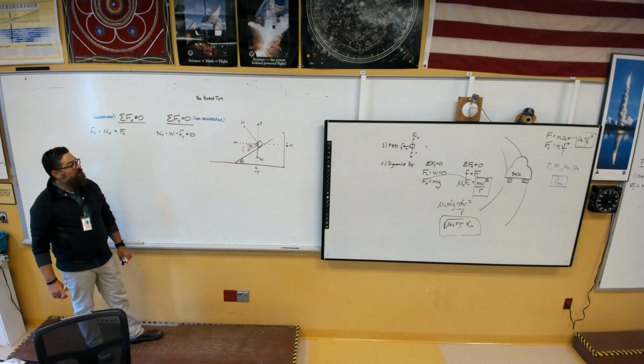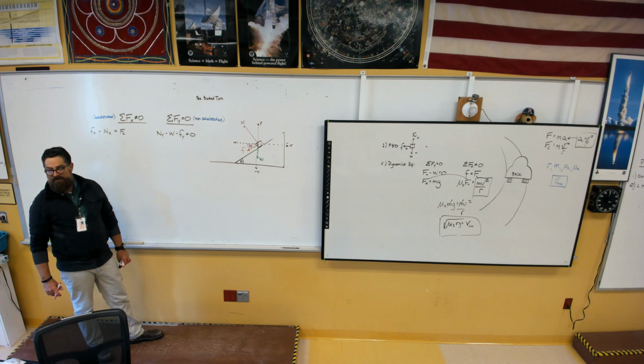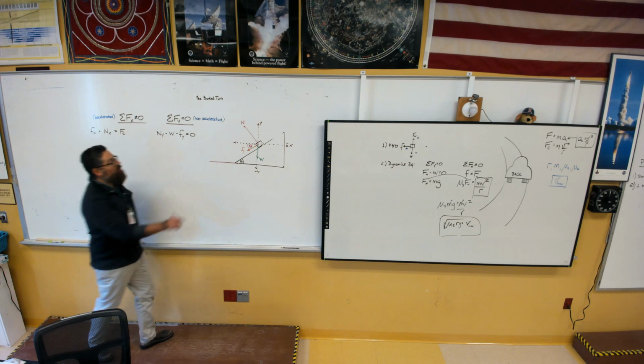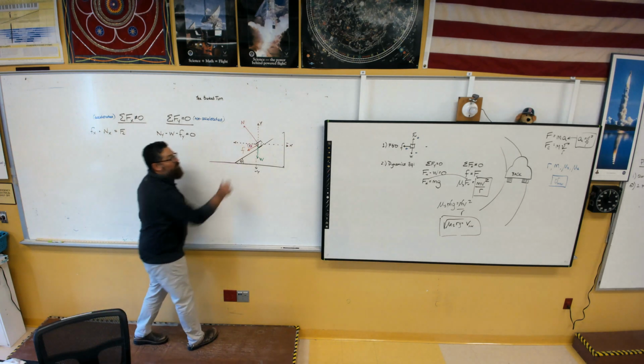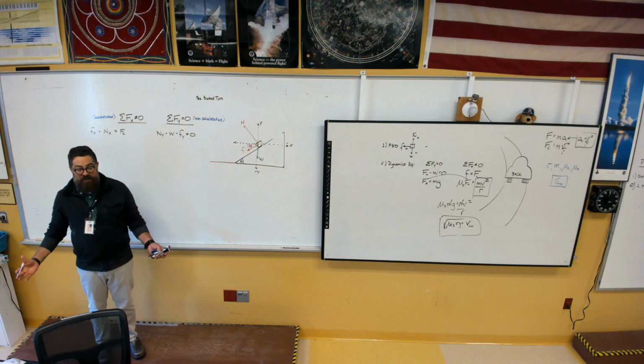How about the normal force? Does the normal force make the angle theta with the x-axis? Does the normal force make the angle theta with the y-axis? It does. The normal force and the frictional force are perpendicular to each other. That means they add up to 90 degrees.